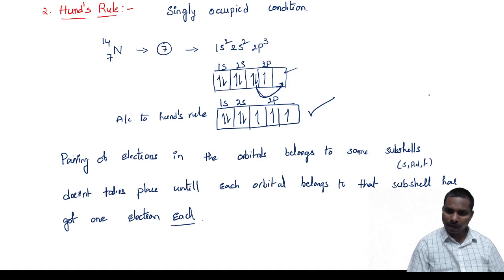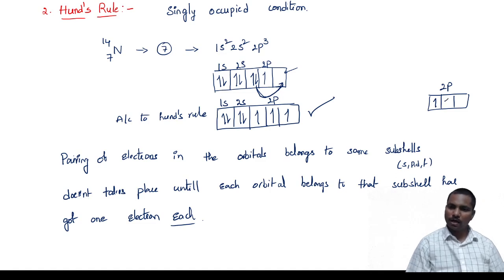That means if we have 2p, it is divided into 3. Here at least one electron must be filled. After that one electron is filled here. After that one electron is filled here. After that only, if any other electron is there, it is filled like this.